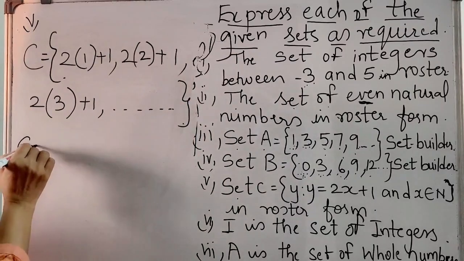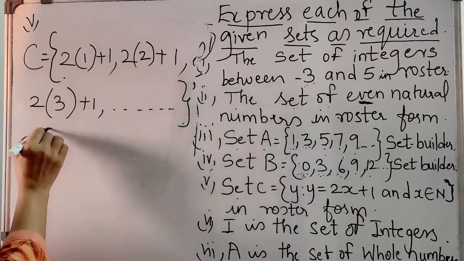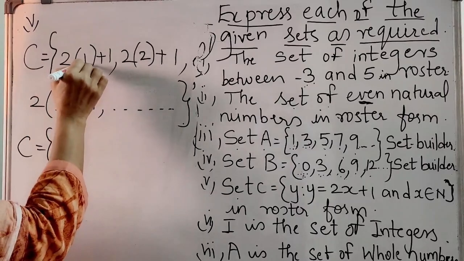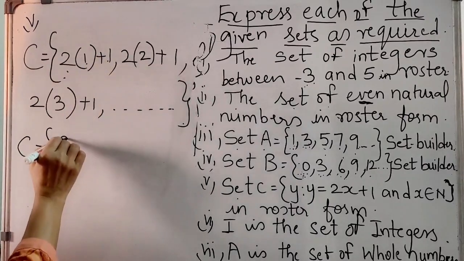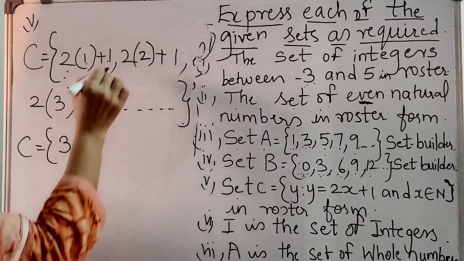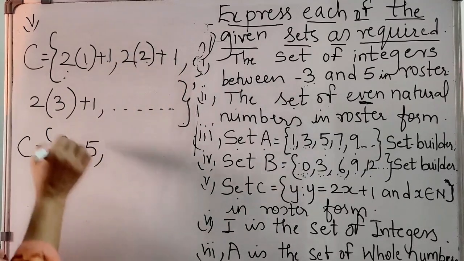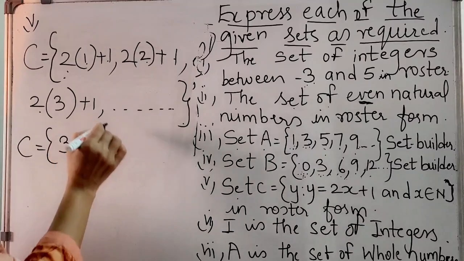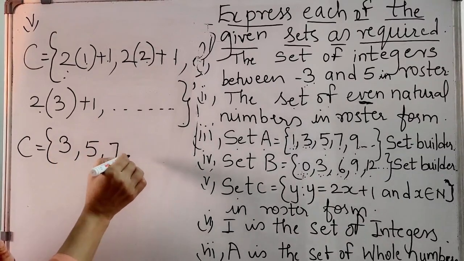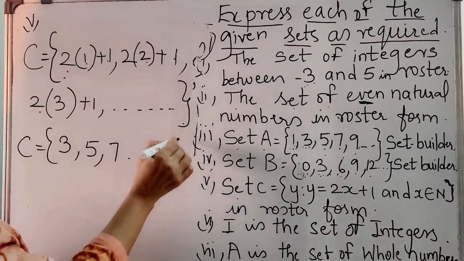Now you write the set: 2 into 1 is 2, plus 1 is 3. Now 2 into 2, 4 plus 1, 5. 2 into 3 is 6 plus 1, 7. So the calculation goes on.